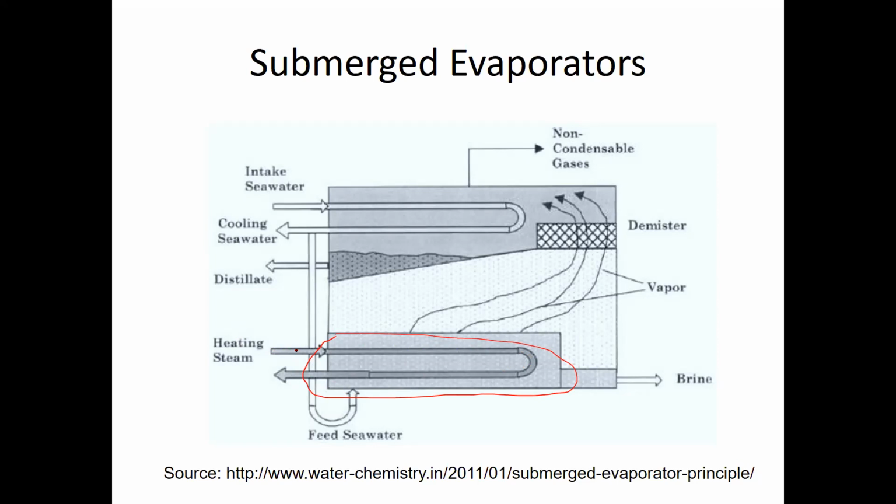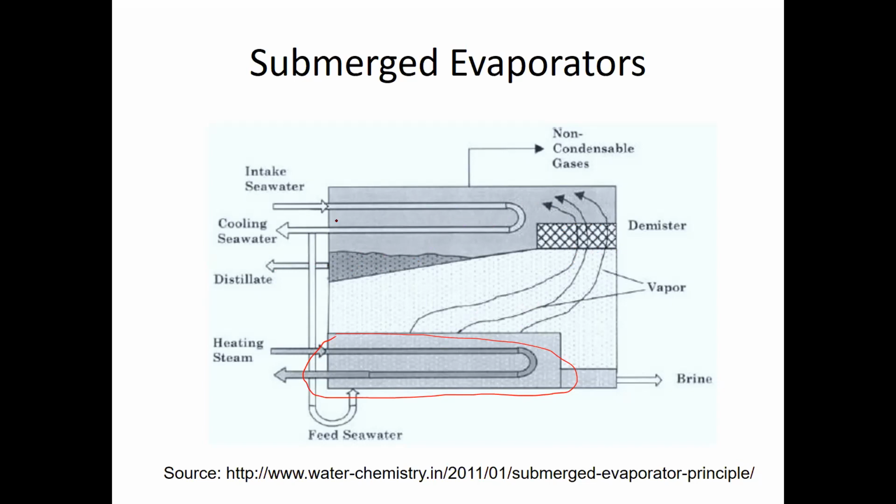Why is the performance poor? Because steam has to increase the temperature of all this body of water until all of it reaches the saturation temperature, and then the vapor will start to rise. As the vapor rises, it passes by the mist eliminator, and then the vapor is going to condense over the tubes of the cold water. So this part on the top is the condenser. It results in the condensate being collected here as your product.